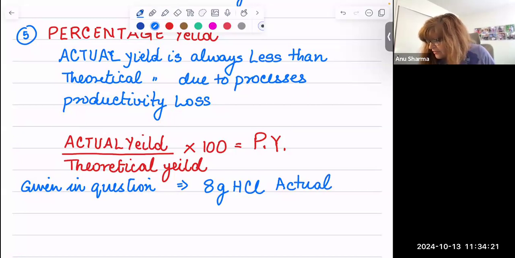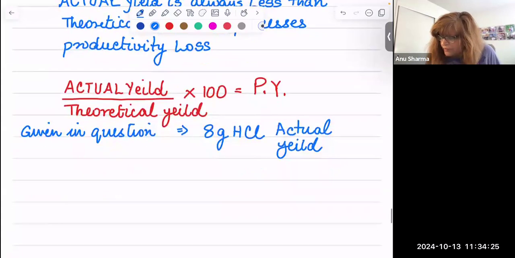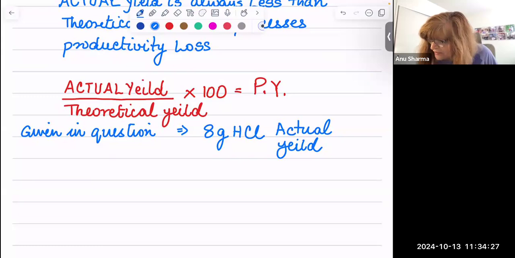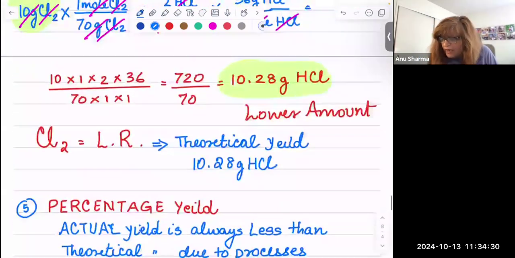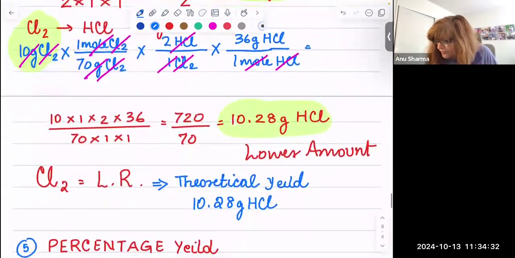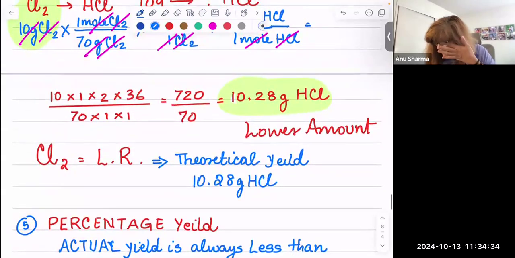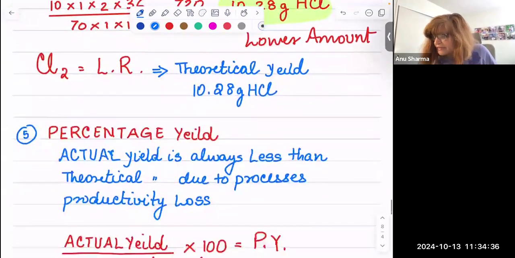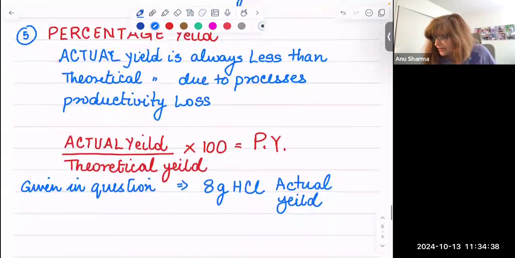The question will say find the percentage yield, and the other things will be given to you. In this case, if you use 10 grams of chlorine, then you can only make 10.28 grams of HCl.